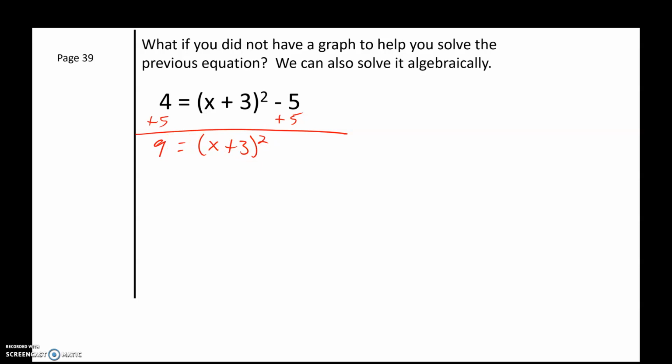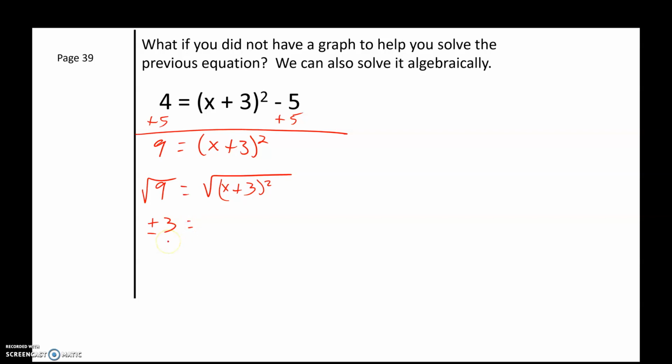Now, just like how we can cancel a -5 by adding, we can cancel this squared by square rooting both sides. All right, now whenever you square root both sides, the side that doesn't have a square gets a plus and minus.